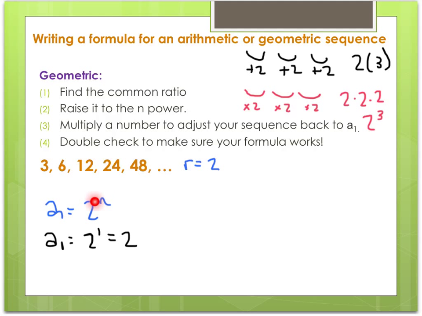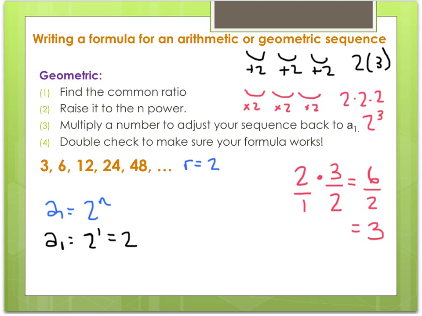So I need to adjust this in order to get back to 3 being my first term. So I need to multiply this by something that will get it back to 3. So what can I multiply 2 by to get it back to 3? Well, it's going to have to be a fraction. So if I take 2 and I multiply it by 3/2, well, numerator times numerator, denominator times denominator, I get back to 3.